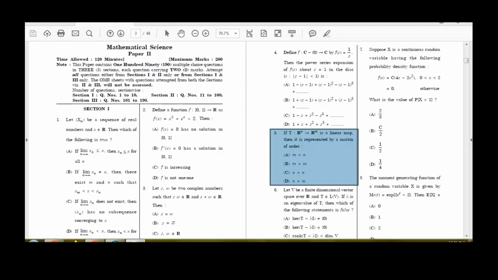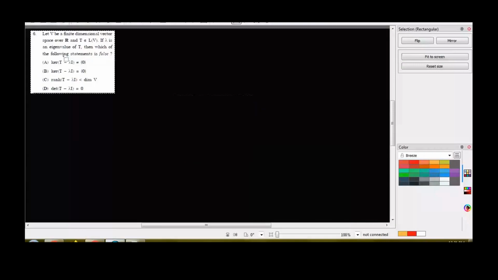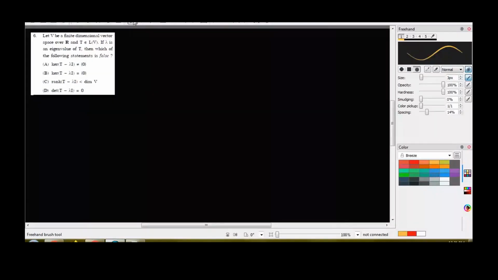Next is question number 6. It is again based on linear algebra. So in this case, we have V, a finite dimensional vector space, and T is a linear map. Lambda is an eigenvalue of T, and which of the following statements is false is asked for.